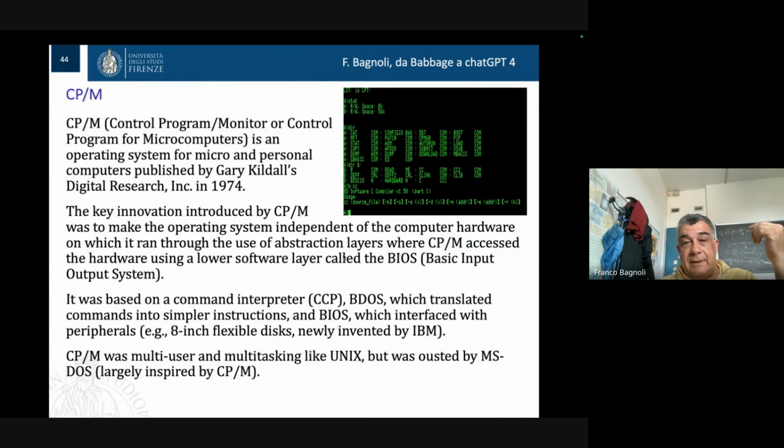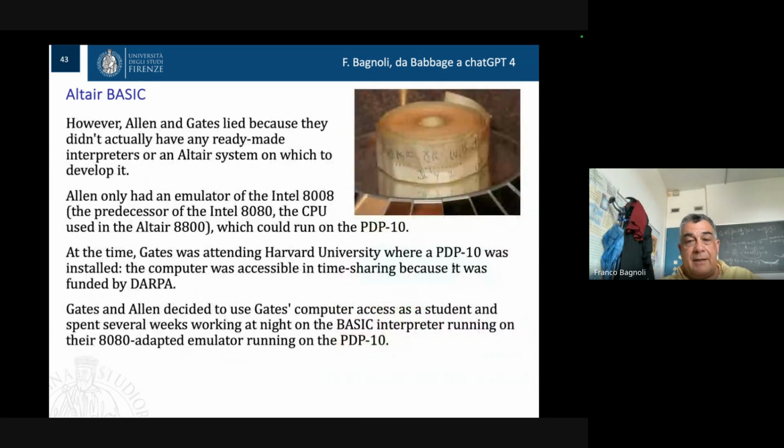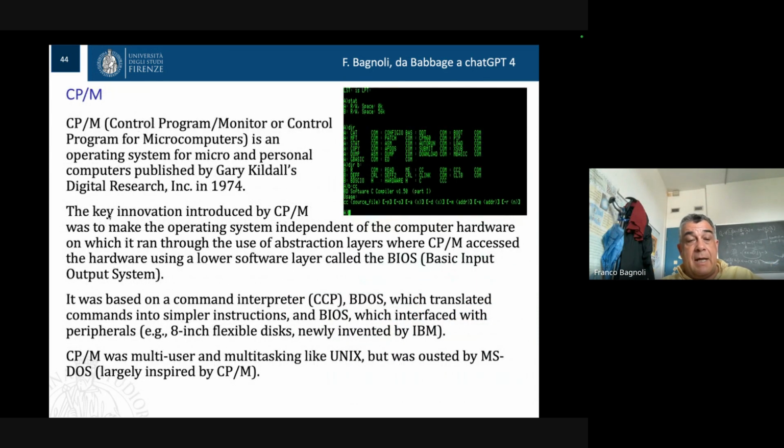Clearly you didn't use the Altair or any kind of computer by moving switches. You need an operating system, and one of the first operating systems for this kind of computer was CP/M, which is essentially very similar to DOS.